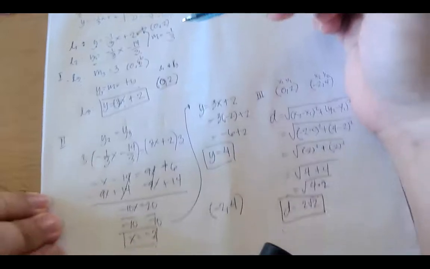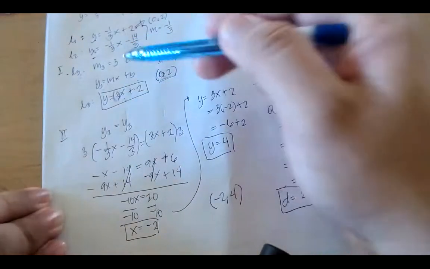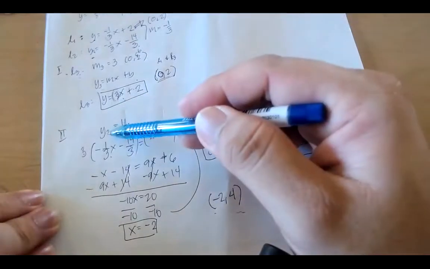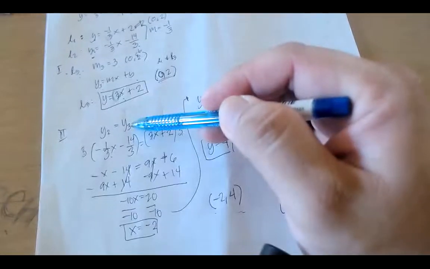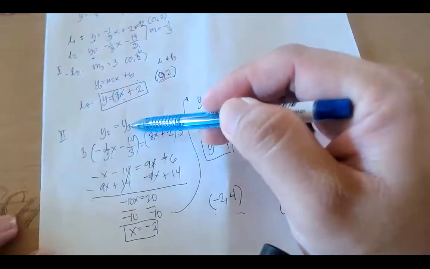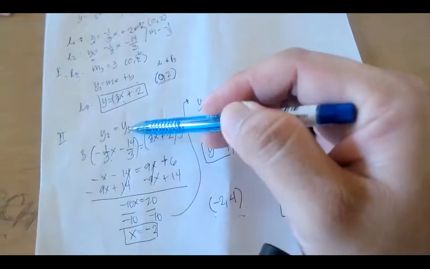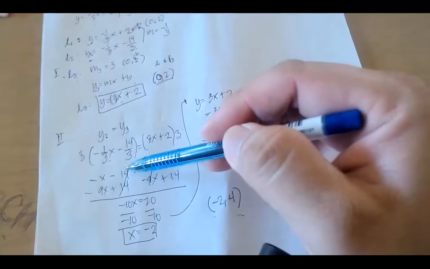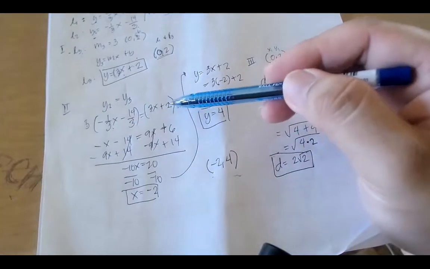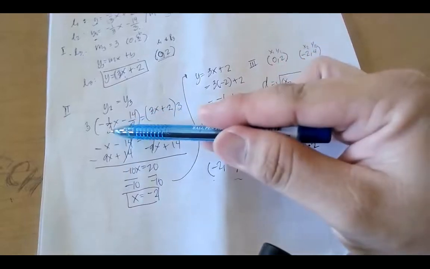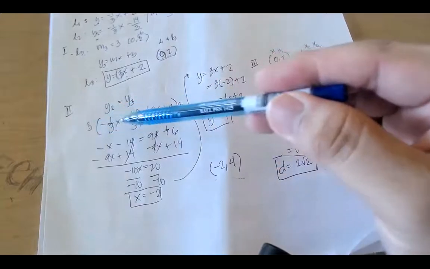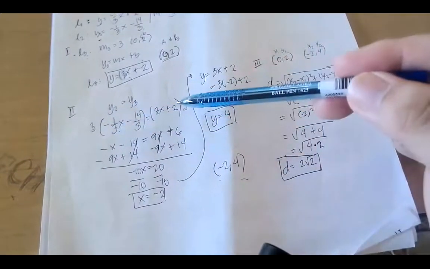Now, we use the line 3 and line 2 equations to come up with our second point. We say y2 is equal to y3 because we are getting the intersection of the two. So assume that the two y's are the same. So y2 is equal to negative 1/3 x minus 14, and then y3 is equal to 3x plus 2. Since we have a denominator of 3, we need to eliminate the denominator by multiplying 3 to all the terms on the left and on the right side.